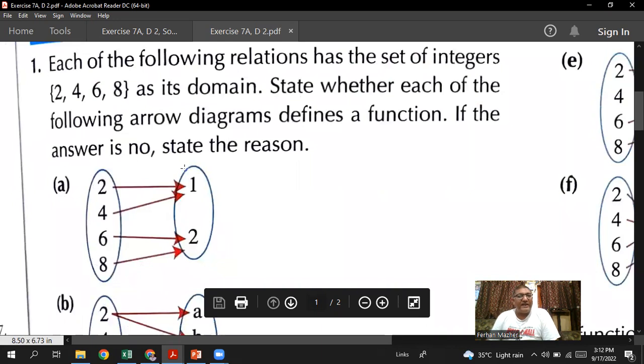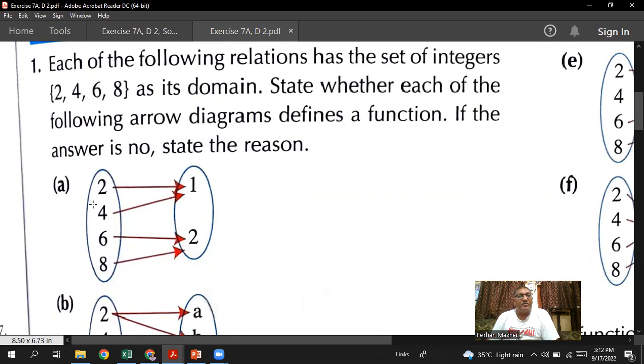So this is the domain and this is called the range. For this to be a function, every member of the domain should have a member in the range, and a single domain member cannot have two images.